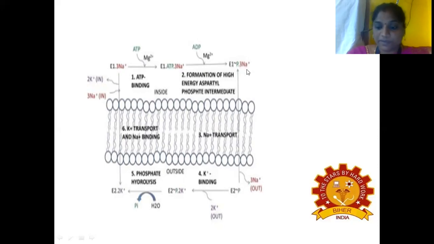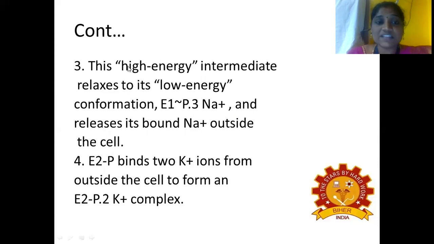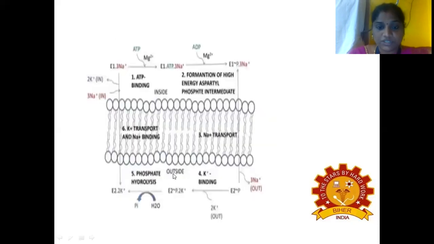E1P.3Na is formed. The third step is that this high energy intermediate relaxes to its low energy conformation, E2P, and releases its bound sodium ions outside the cell. Third step: sodium transport.